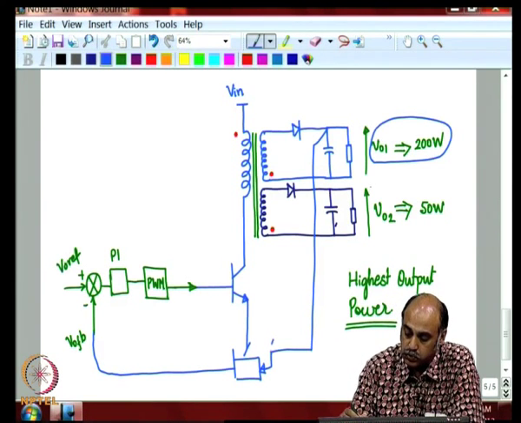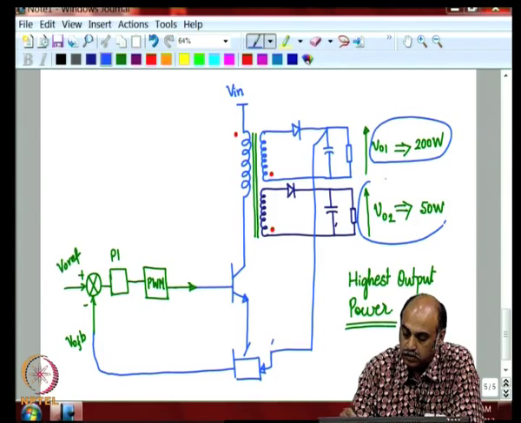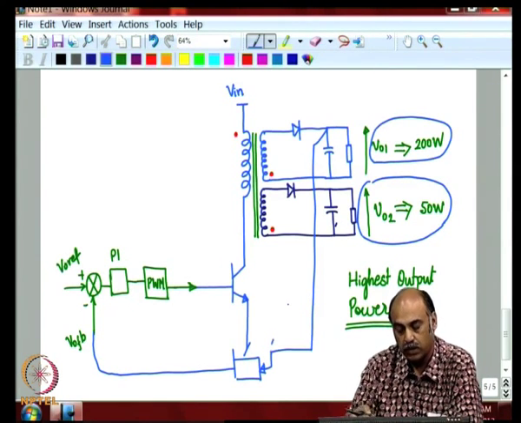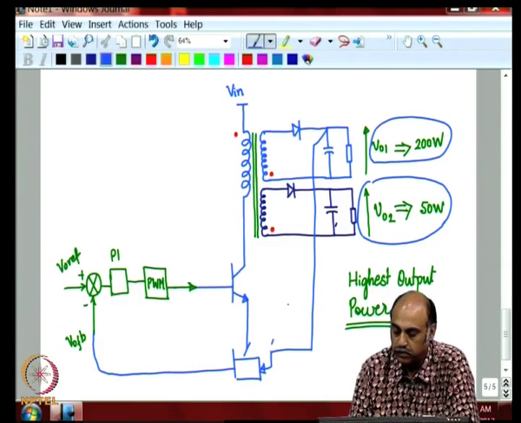Now, what happens to V naught 2? What happens to the other output or other outputs if there are more than 2?